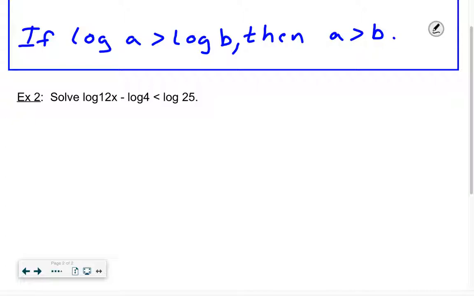Yeah. You know, we used the addition property already. Can we use the subtraction property? Yeah. And if we subtract here, what are we doing on the inside? Well, we're going to divide. Again, it's the reverse order of what we're used to. We're used to expanding it out, now we're condensing it down.